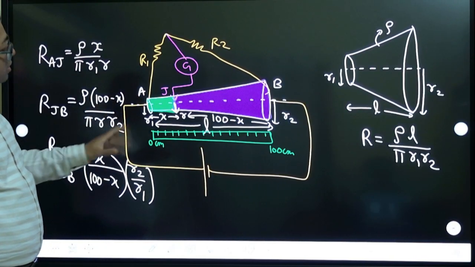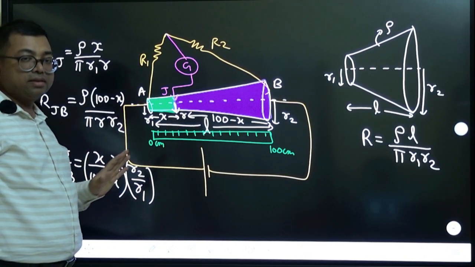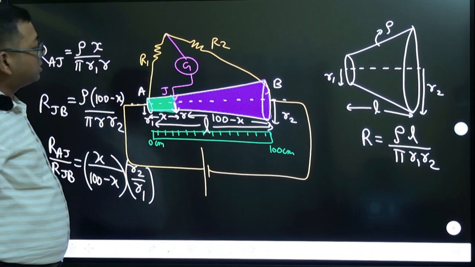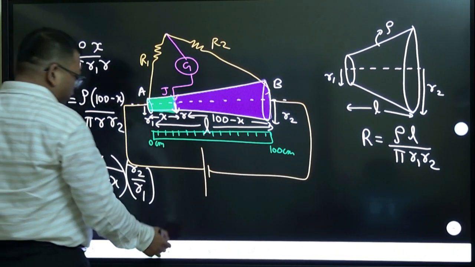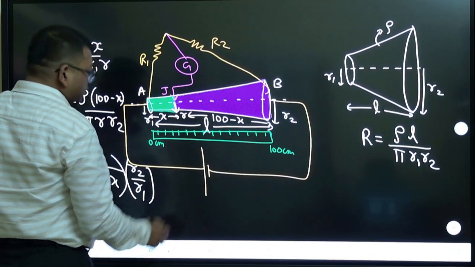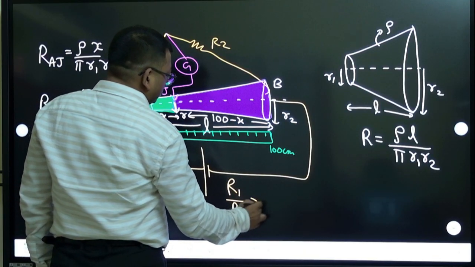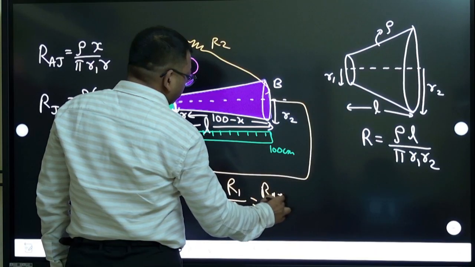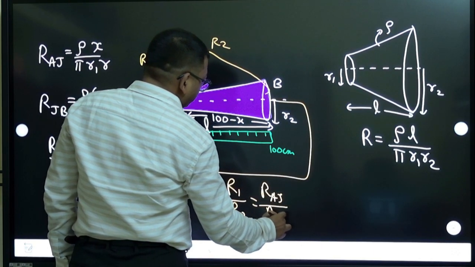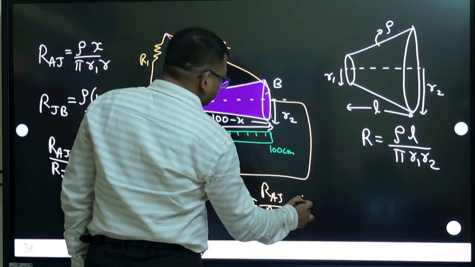So again at null, x is nothing but the null deflection length. Null deflection length you are studying. So again you are going to apply the balanced Wheatstone bridge. The condition is that R1 by R2 is equal to RAJ by RJB. So now you substitute.